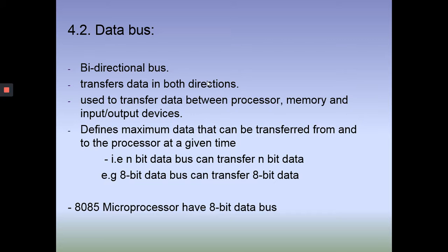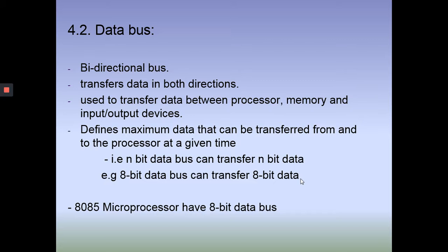For example, if an 8-bit data bus is there in a particular microprocessor, then it can transfer 8 bits of data, from the microprocessor to memory or input output devices, or in the other direction. We can transfer only 8 bits of data at a time.